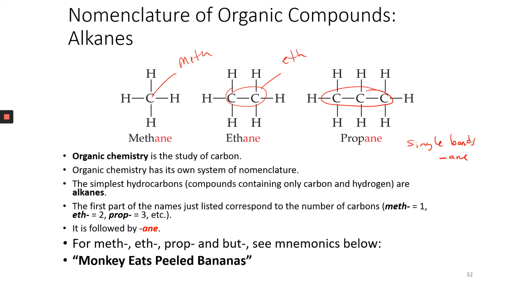And 3 carbons, it's prop. The easiest way to remember your prefixes is this mnemonic down here. Monkeys eat peeled bananas. So meth, eth, prop, and then the next one would be but. So if I had 4 carbons, it would be butane. So monkeys eat peeled bananas.